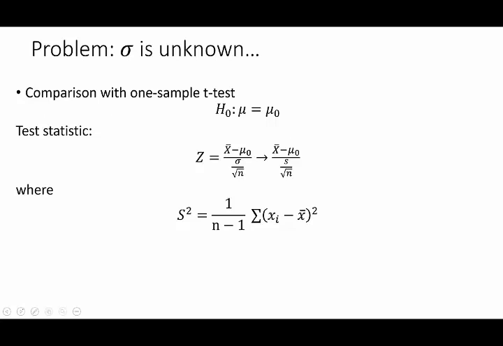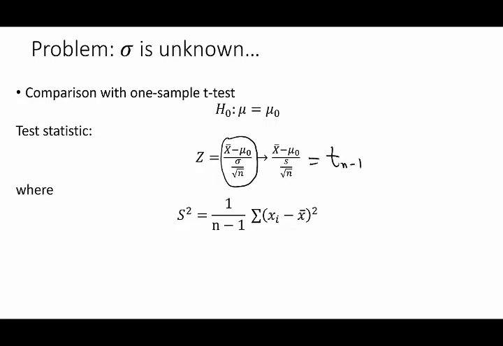And that situation arose in what we called a one-sample t-test, where our null hypothesis was that the mean is equal to some specified value mu naught. The test statistic in that scenario was also standard normal under the assumption that sigma was known, but if sigma wasn't known, what we had to do was replace it with the sample standard deviation, and the resulting statistic we showed had a t-distribution with n-1 degrees of freedom.